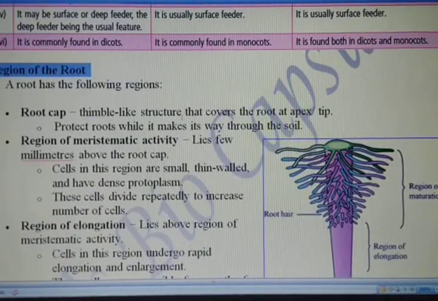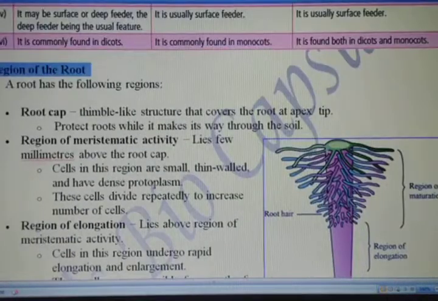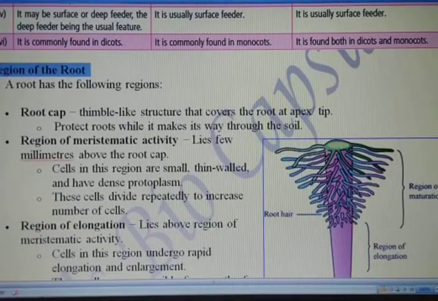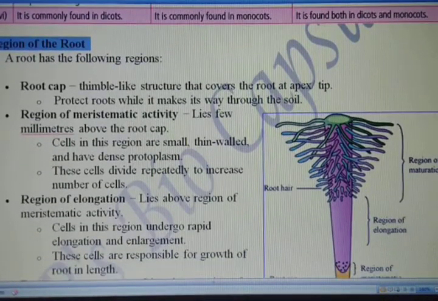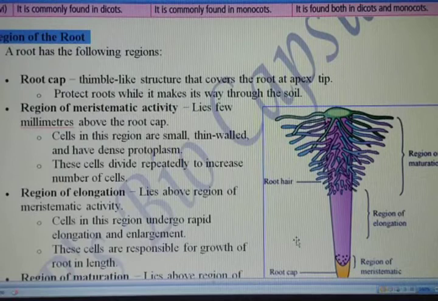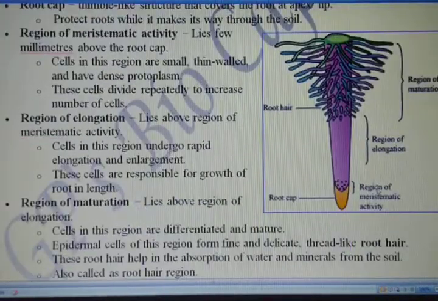Means at the tip of the root different regions are found, and they all are responsible, and how they are responsible we have to understand over here, for the linear growth and also for absorption of water and mineral salts when they spread inside the soil. Three main regions we will discuss here. Three main regions, just note down in the figure.